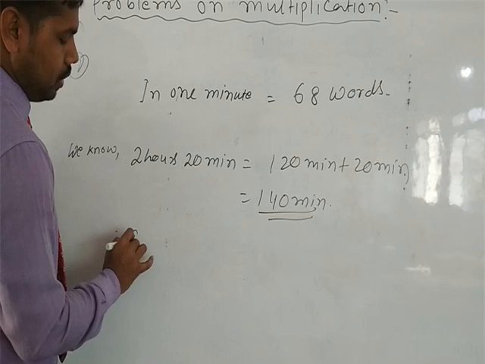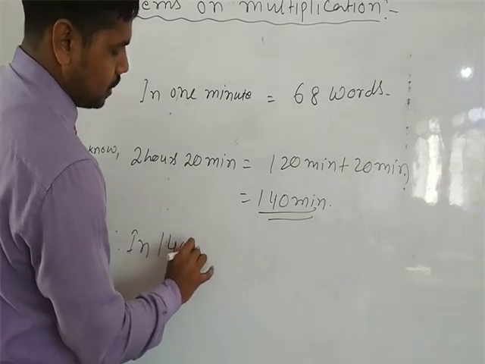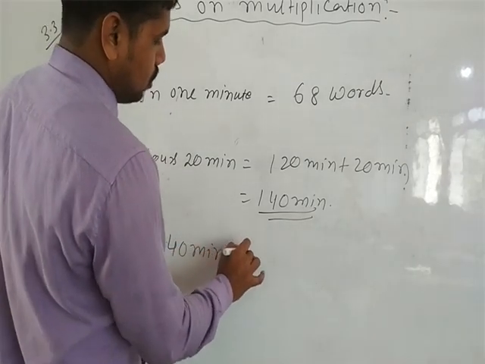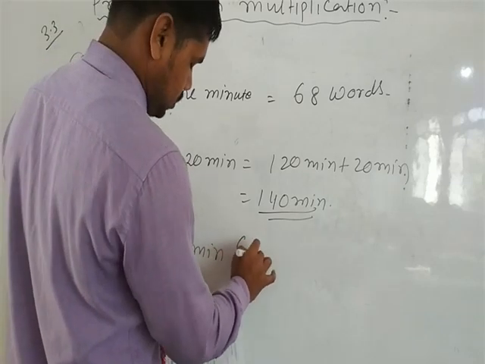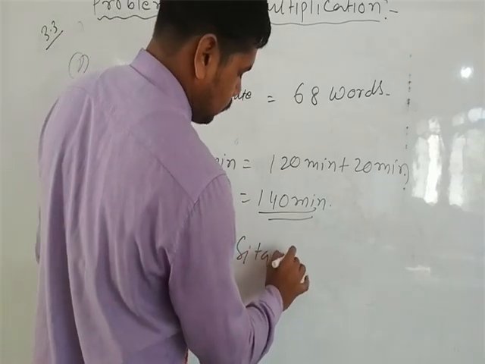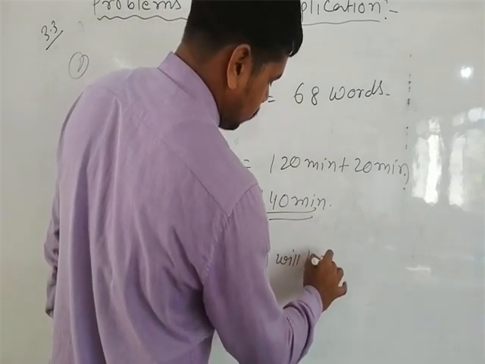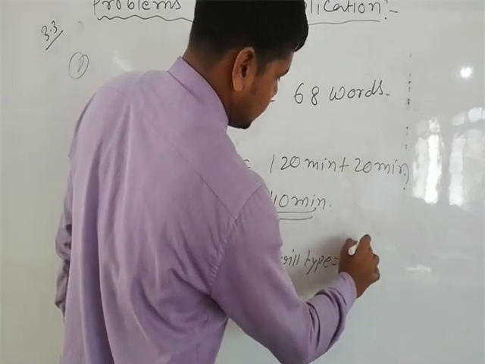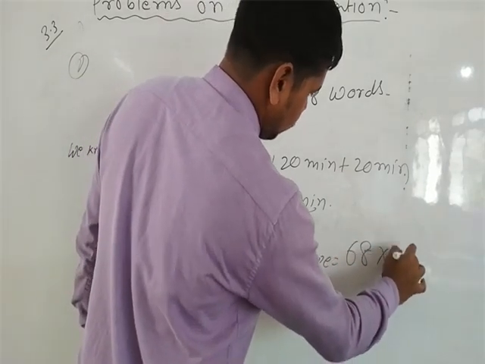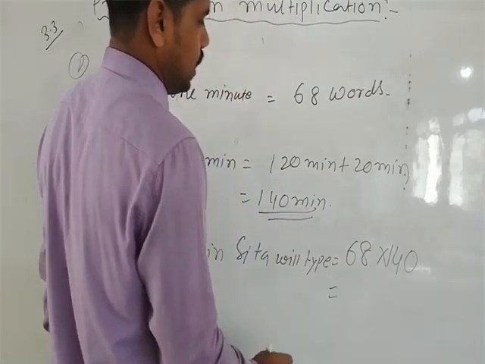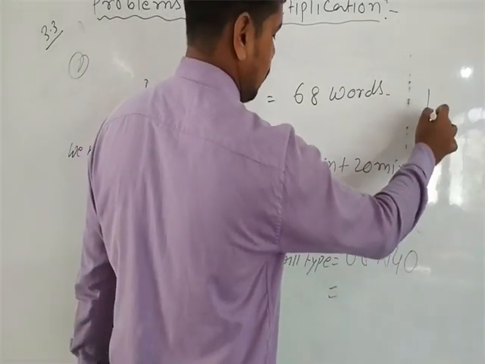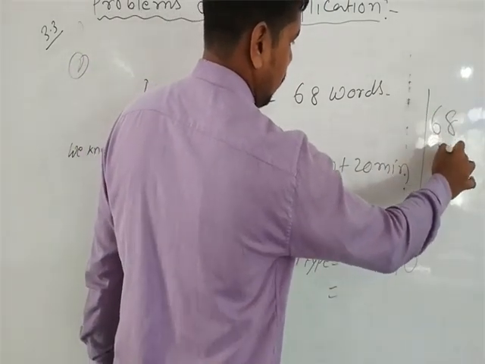Therefore, in 140 minutes, Sita will type is equal to 68 into 140. So 68 into 140 means you have to just multiply 68 multiply 14.